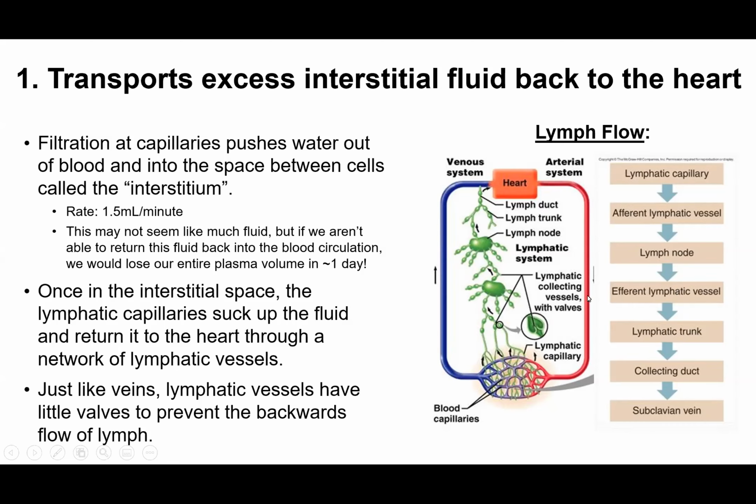This is the arterial side of our vessels. Then it reaches capillaries, and remember, this is where gas exchange is happening. We're dropping off oxygen and picking up CO2. Then the blood goes into veins, where it is eventually returned back to the heart, and we start this system over again.